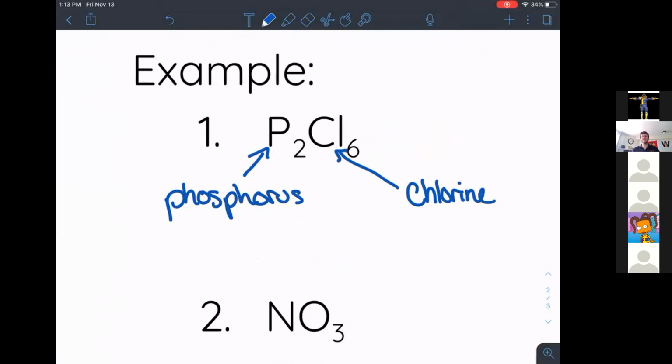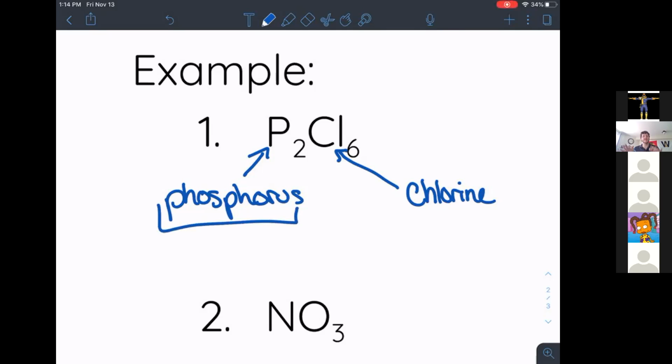Do we need to change the ending of phosphorus or chlorine? Which one, or both? No, we don't change the beginning yet. But before we do that, do I have to change the ending of phosphorus?